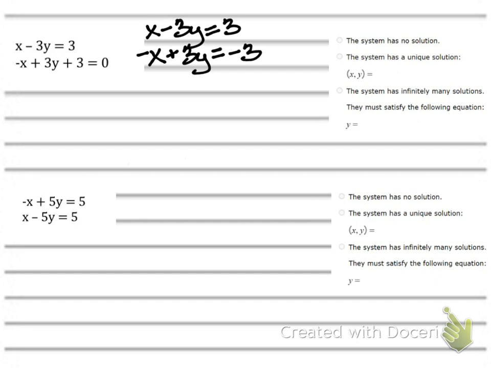So all the signs are different, right? When I add these together, everything goes. The x's cancel, the 3y's cancel, and the 3's cancel. So 0 equals 0 is true, so infinitely many solutions.